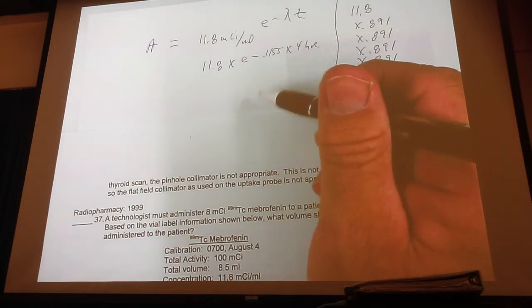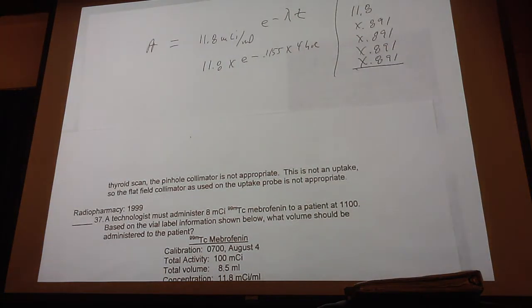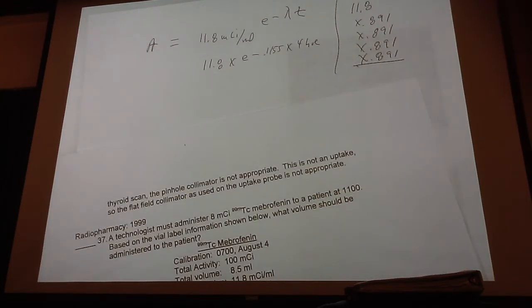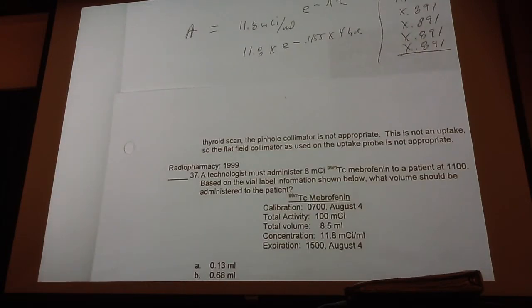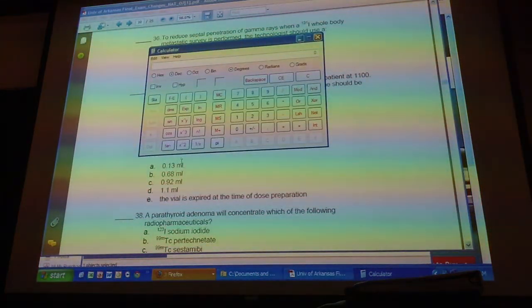So e to the minus 0.462 should be about 40% or 50%. Let me see. It's about 63% left. I'm just going to go to the calculator here. Make sure, you guys, I don't know 100% if they're going to let you take your calculators in, so please be prepared for whatever calculator they're going to give you.